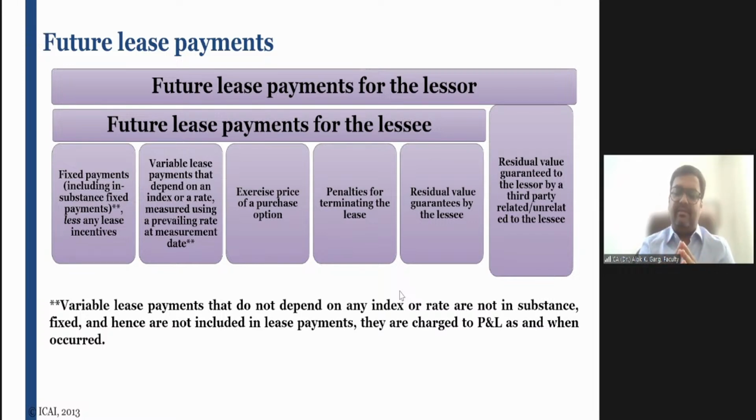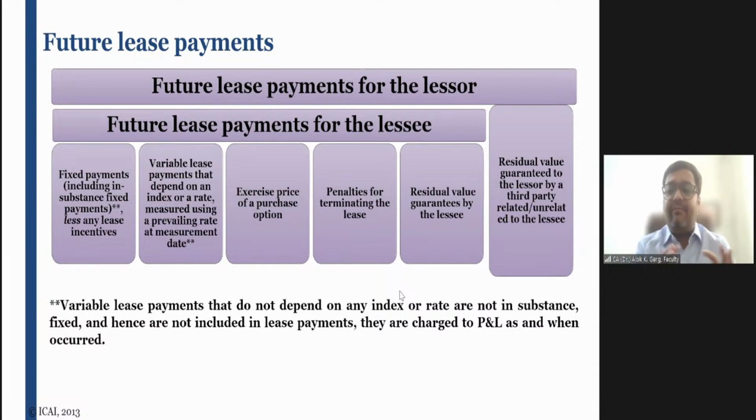Exercise price is again a part of the lease payment. Penalty, which is paid by the lessee to the lessor, is again a part of the lease payment. Residual value guarantee is again a part of the lease payment, which the lessee is paying to the lessor. These all are the payments which the lessee is paying to the lessor.